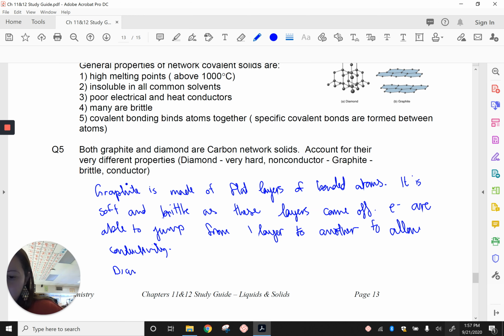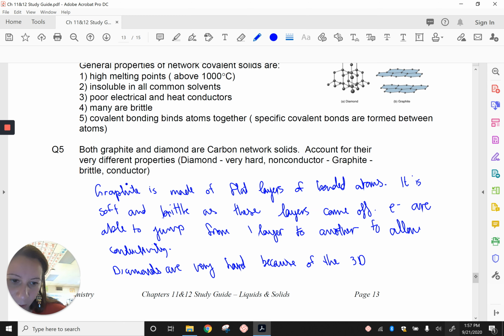Whereas diamonds are very hard because of the 3D bonding in the crystal.